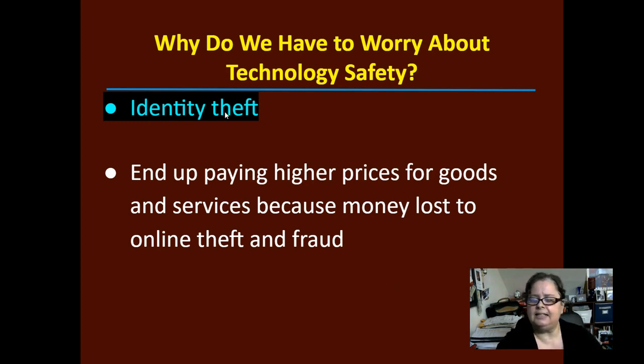This is the highlighted item here that you would have to fill in on your notes. Identity theft is when we end up paying higher prices for goods and services because of money lost to online theft and fraud. So that's why it matters and why we need to really care about identity theft and online safety.